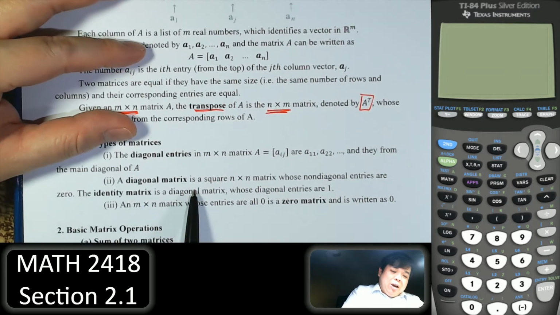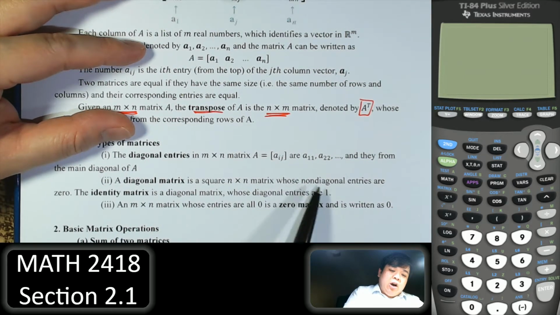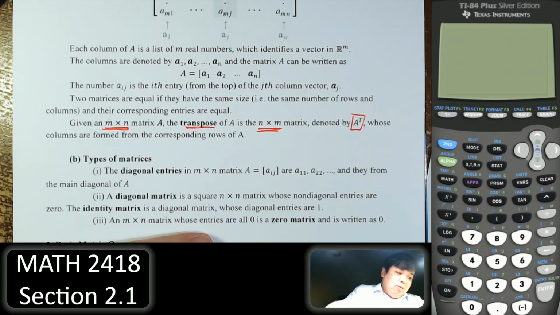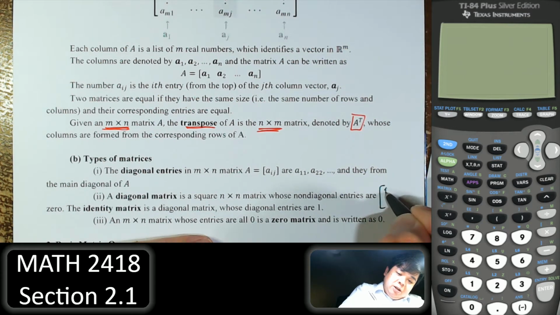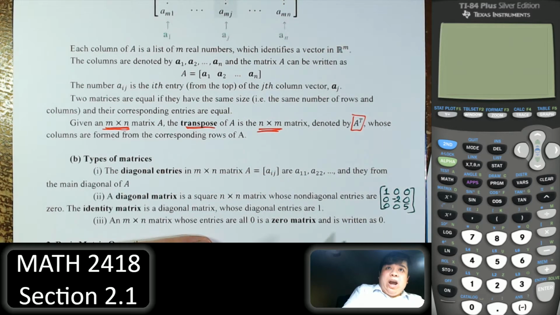A diagonal matrix is a square matrix whose non-diagonal entries are 0. I'll give just an example of a diagonal matrix. It is something like this: 1, 0, 0, 0, -2, 0, 0, 0, and 5. So we have the diagonal entries 1, -2, and 5, and everything else other than the diagonal has to be 0.